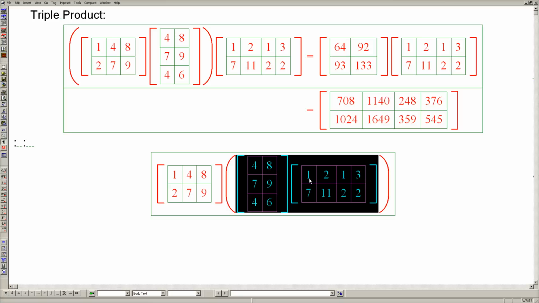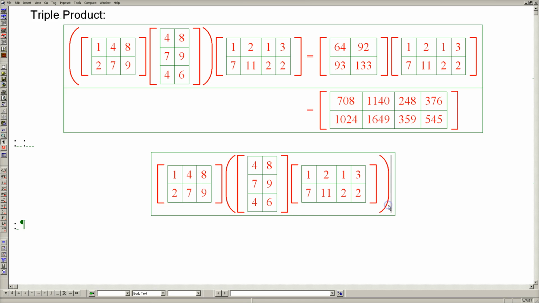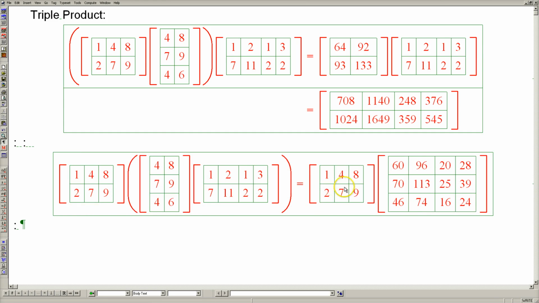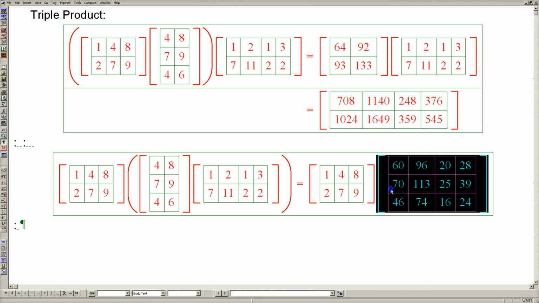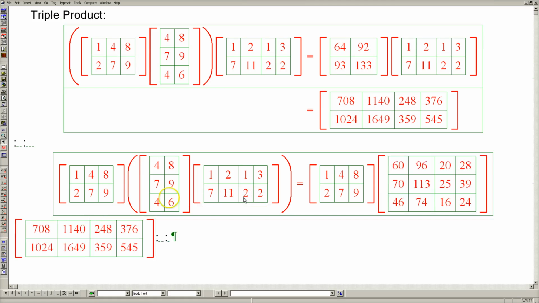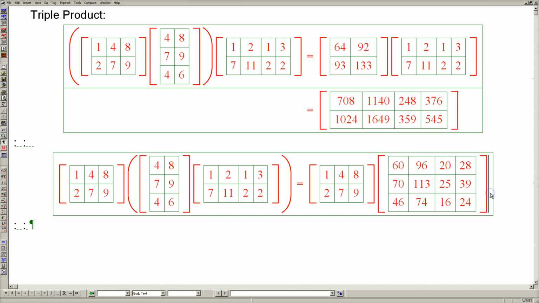Evaluating this product will yield a 3 by 4 matrix, this one. And what's left to do is to multiply, keeping the order of the matrices, by this 2 by 3 matrix. So this 2 by 3 matrix by this 3 by 4 matrix will result in the 2 by 4 matrix, this one. And lo and behold, it's the exact same matrix as we obtained before.